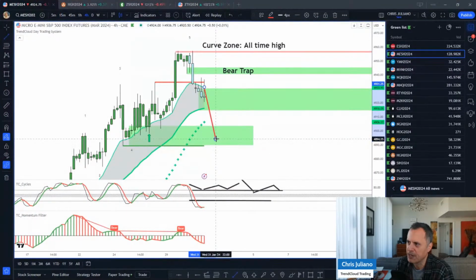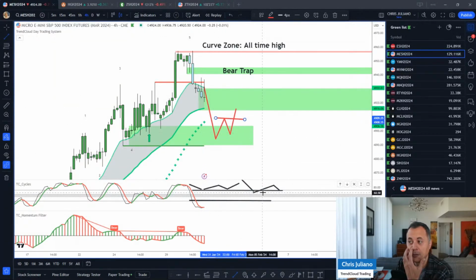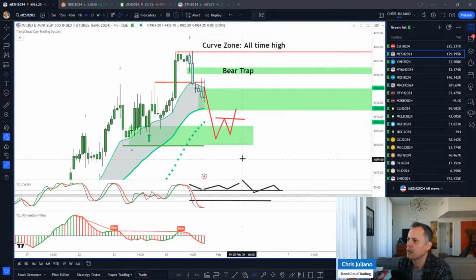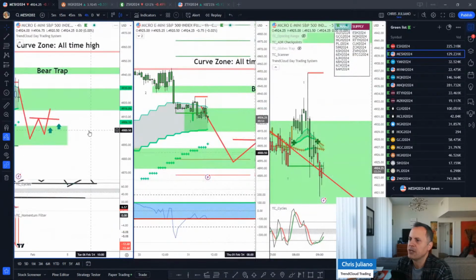And what's the pattern, guys? The pattern is boom, this. As soon as we get this on the lower time frames, when we're inside of the curve zone, then we can start applying our TrendCloud system, because then we're going to start seeing those TrendCloud signals appear on the 15 and 5-minute chart. So very, very interesting stuff.